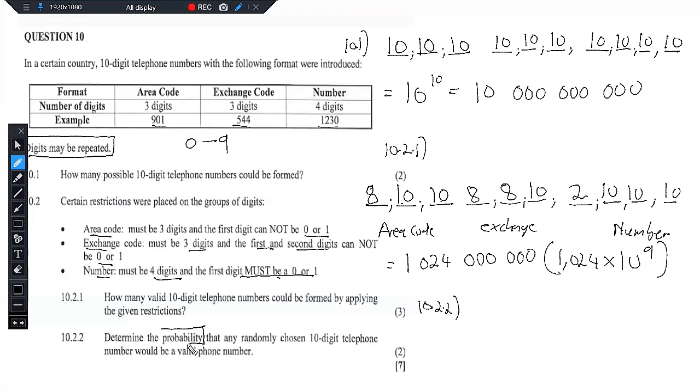At this point, you can already see the trend of these questions. The probability questions are always the last ones. It says determine the probability that any randomly chosen 10-digit telephone number would be a valid phone number. Remember, for 10.2.1 we were calculating how many valid 10-digit telephone numbers could be formed.